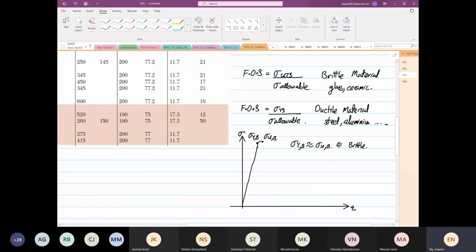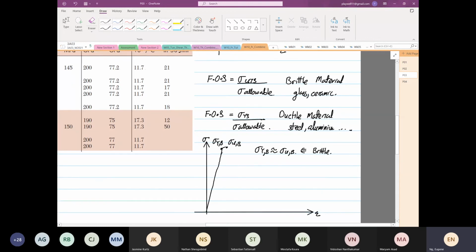If there's a change, it's going to be a very small change. So this is where you use the factor of safety equal to stress UTS divided by stress allowable. So that is for brittle material.